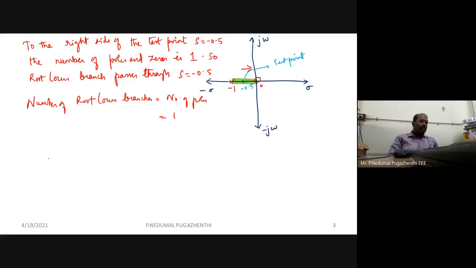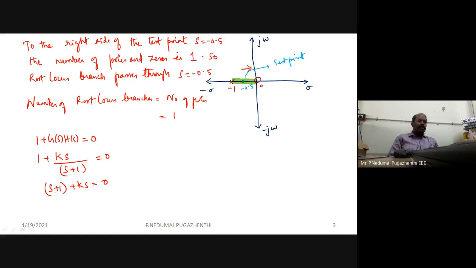So I will try to find it through the characteristic equation. What is the characteristic equation? 1 plus G(s)H(s) is equal to 0. So 1 plus Ks divided by s plus 1 is equal to 0, which will give me s plus 1 plus Ks is equal to 0.